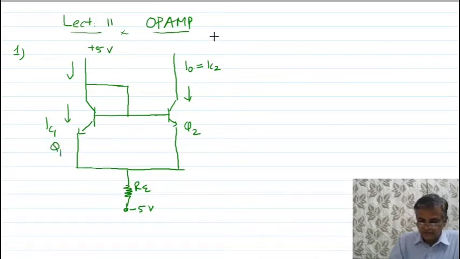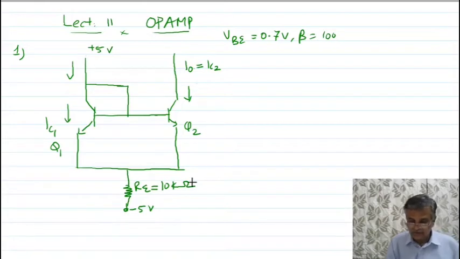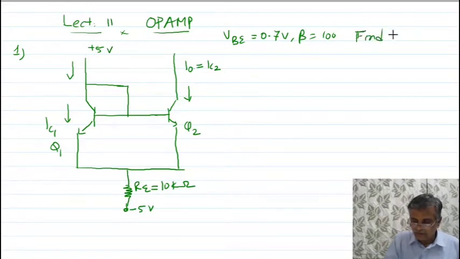They have given VBE is equal to 0.7 volt and beta is equal to 100. This value RE they have given, 10 kilo ohm. Calculate the value of IO. Find the value of IO.